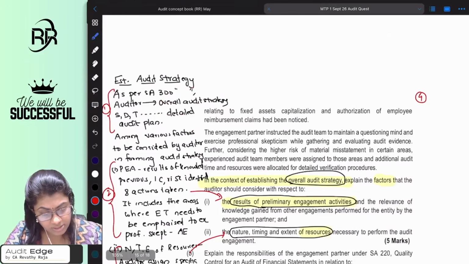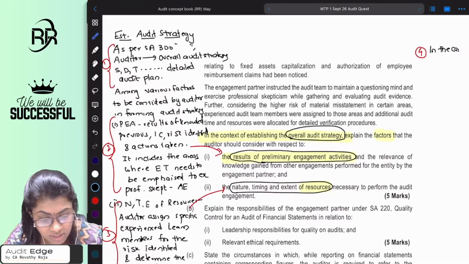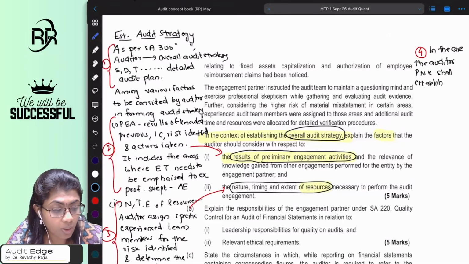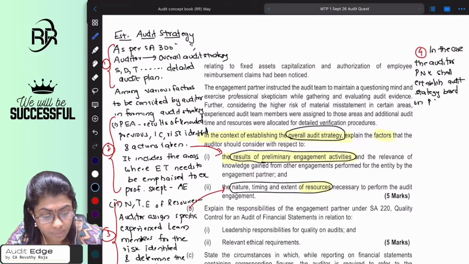So in the given case, the auditor PNK shall establish what? Shall establish audit strategy based on results of preliminary engagement activity and assign nature, timing, and extent of resources.